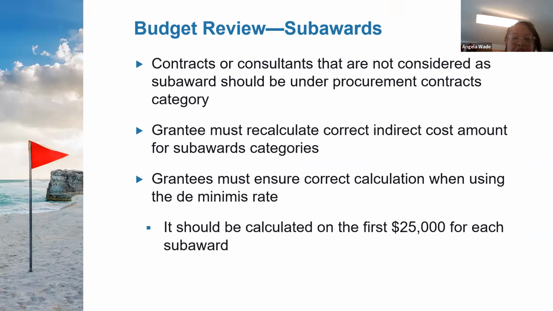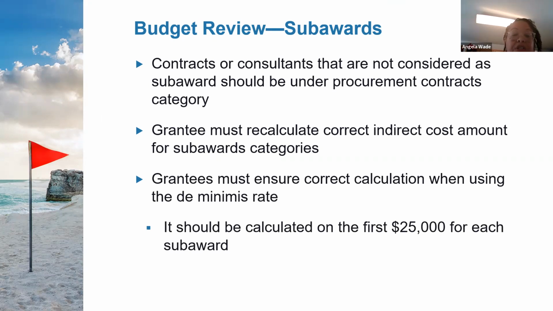Now, some tips or pointers when you get to the subaward category. A lot of times we'll receive budgets and we'll have subawards that are listed under procurement contracts, or we'll have contracts with consultants listed under subawards. It's very important that you separate them out appropriately.